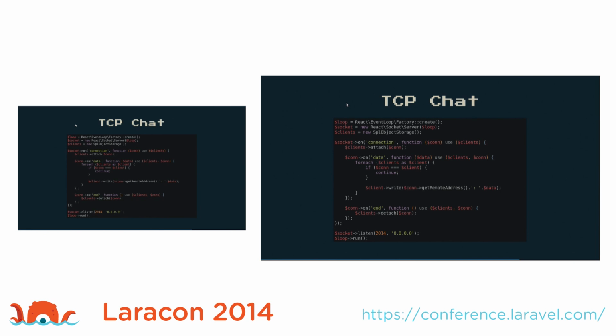Each time there's data, we have the connection and we know the data, so we know who sent the data and who all the other clients are. We're not going to echo the person's data back to them, but for everyone else, we write out the data with their remote address attached to it.